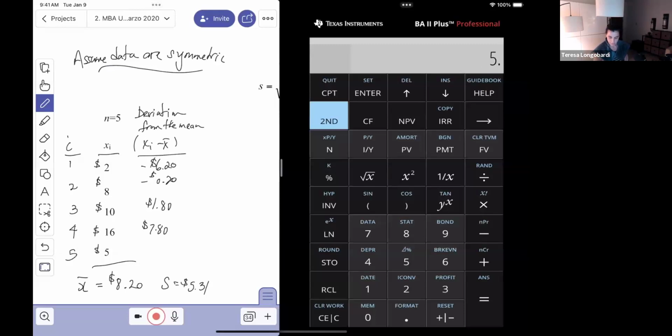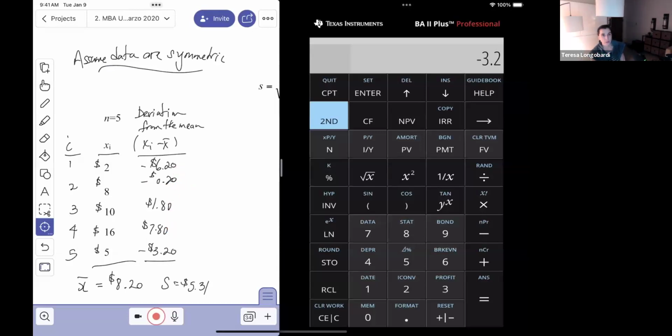And $5 minus $8.20 is negative $3.20. So those are my deviations. Some are very small, because 8 is really close to that mean, and some are really far away, $7.80. Some are negative and some are positive.